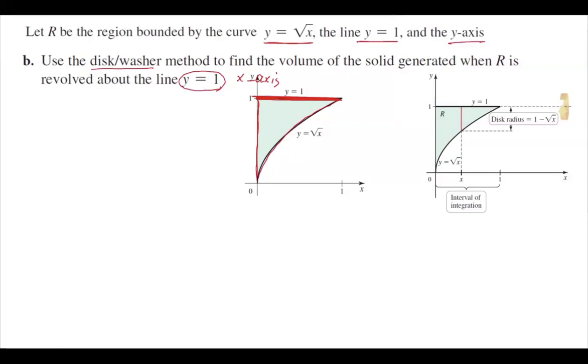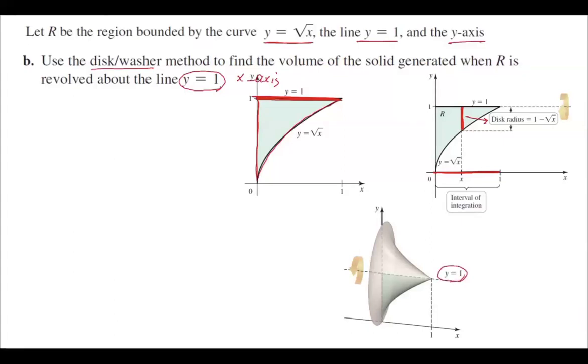First of all, the interval of integration is between 0 and 1. We look at this 2D object to analyze what's going on. The radius of this disk is 1 minus square root of y. This is just a radius on the right. Now, if you revolve this about y equals 1, this is the object.